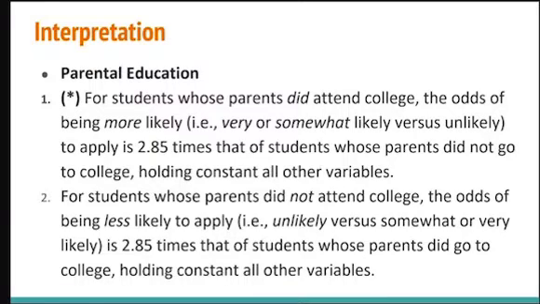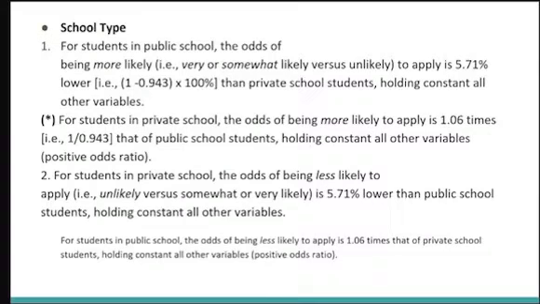Now, the next thing is to talk about the school type. The school type is actually categorical. Now, for students in the public school, what is the odds of being more likely? We said the odds of being more likely is going to be 5.71%.